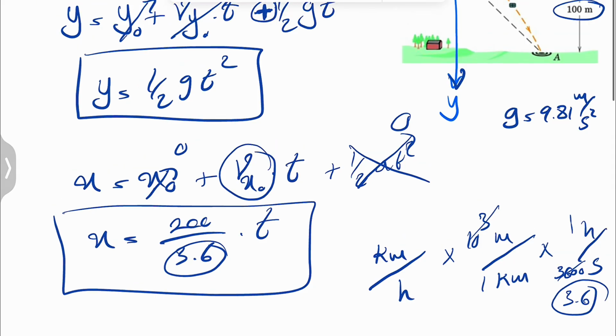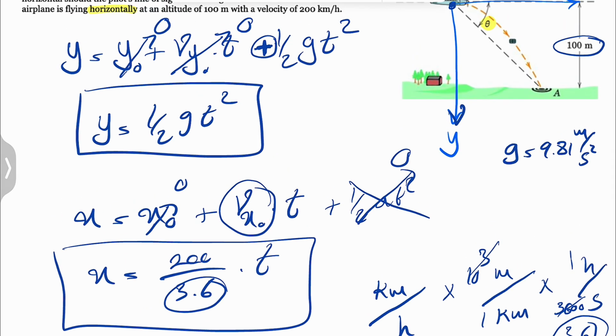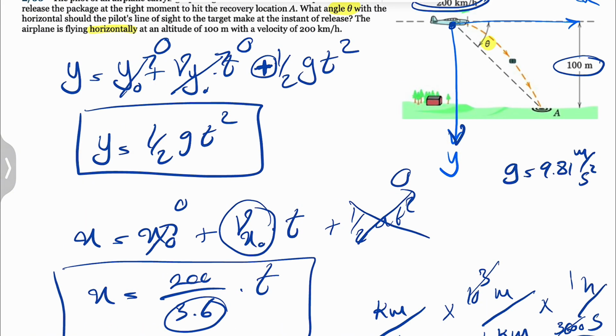And we have some known values that we can use from the first one. We can actually find the time here because our y is known. Our y is basically moving from up here till the surface, which is 100 meters.